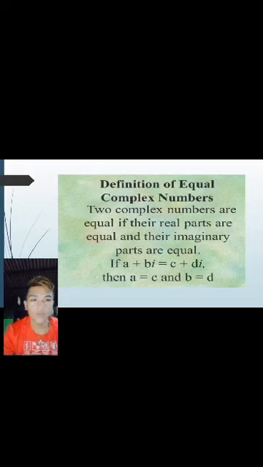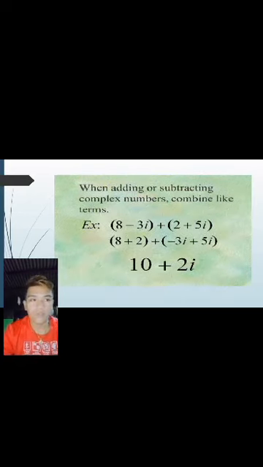Definition of equal complex numbers: two complex numbers are equal if their real parts are equal and their imaginary parts are equal. If a plus bi is equal to c plus di, then a is equal to c and b is equal to d. When adding or subtracting complex numbers, combine like terms.